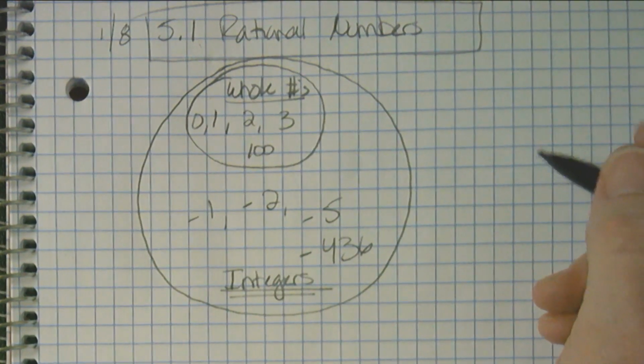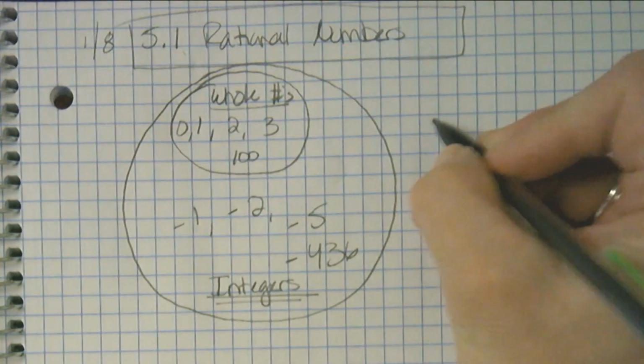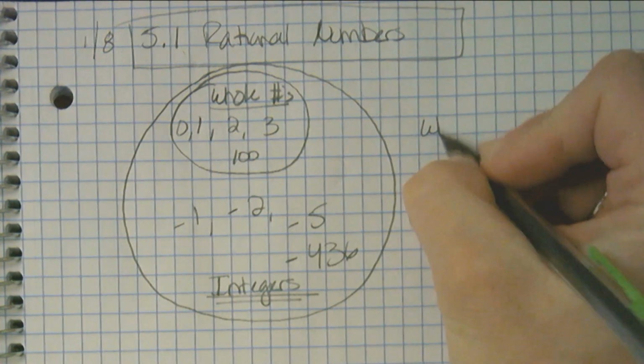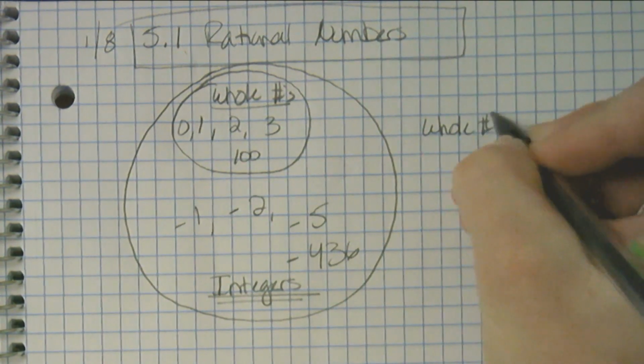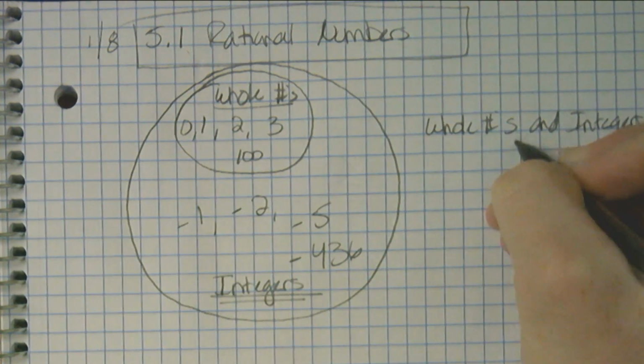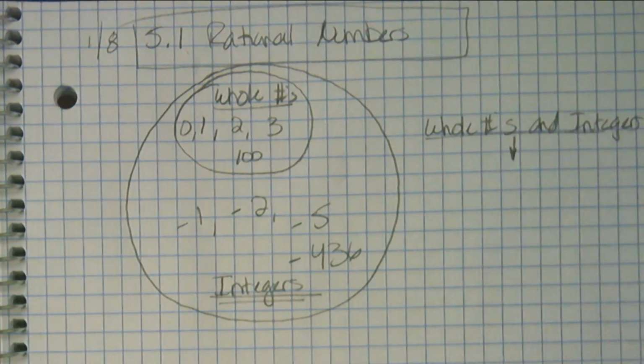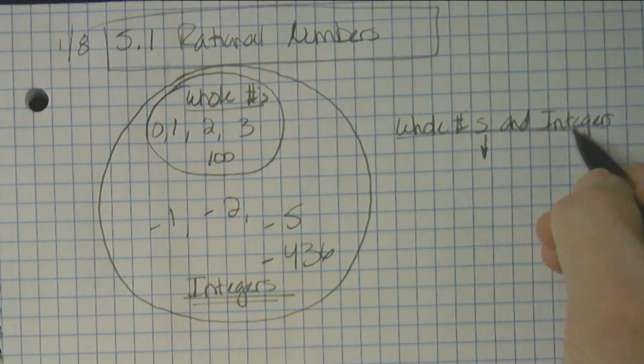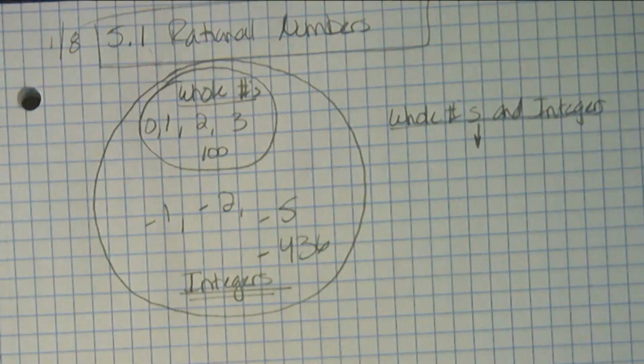What is missing in your whole numbers and your integers? What would you say they are not? What is missing? Because there are numbers that are not included in this group of numbers.